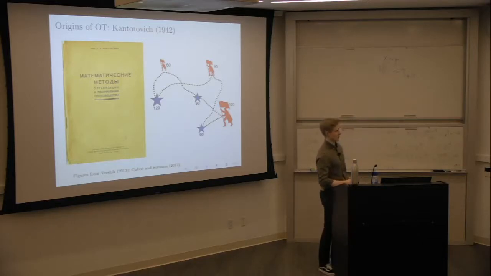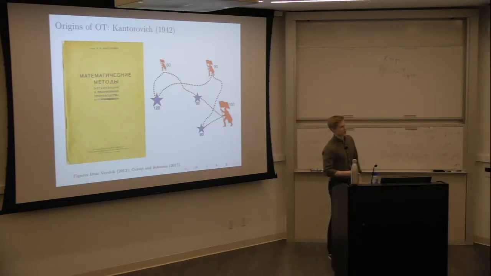And so one question that Kantorovich was interested in was, suppose that you have soldiers distributed in Russia in some location, some barracks, say. You have 150 of them here, or 150,000, 90 of them here, 60 of them here. And it's been determined that 120 of them need to go to this battlefield, or else they're going to lose this battle, right? 90 of them need to go here, and another 90 need to go here.